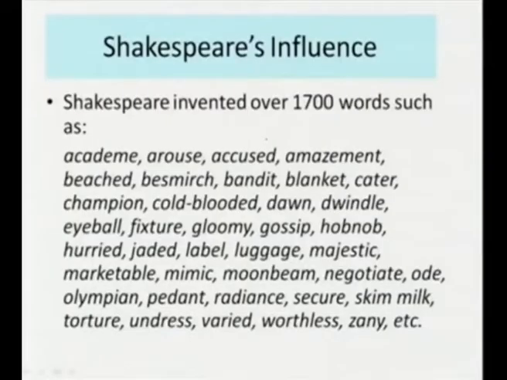We also find the great influence of a writer like Shakespeare as far as the vocabulary is concerned. Shakespeare invented over 1700 words. Some of these are mentioned here, for instance, cold-blooded, besmirch, bandit, luggage, majestic, moonbeam, negotiate. There are so many words that we do not realize have come to us from Shakespeare.